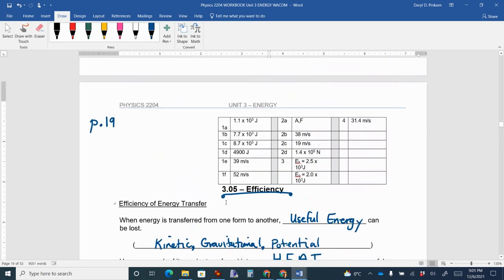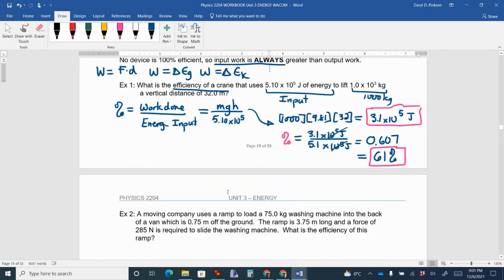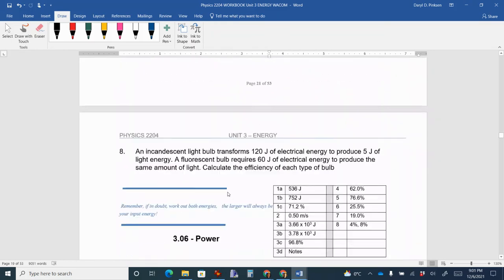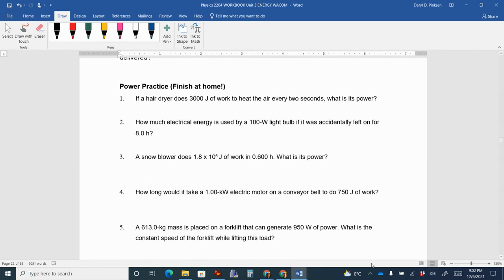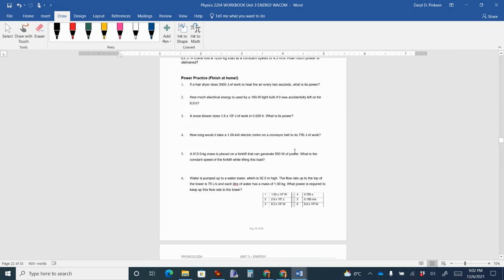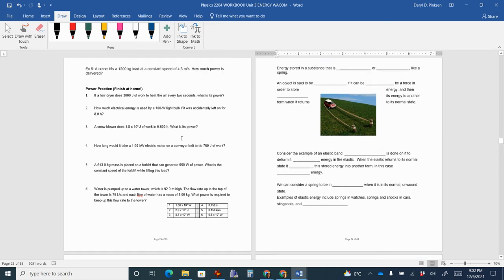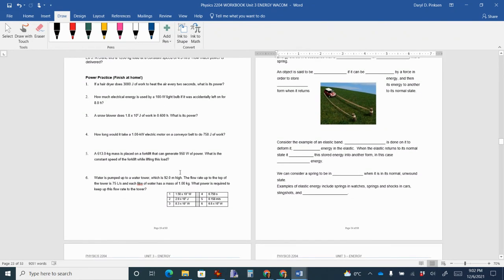So you can now do the questions on efficiency. You can do the questions on power. Look, the same thing happened down here. Oh, I can move that up. Deadly. There we go. Hit save and away to go. So that's going to allow you to really get all the way down to page 23.